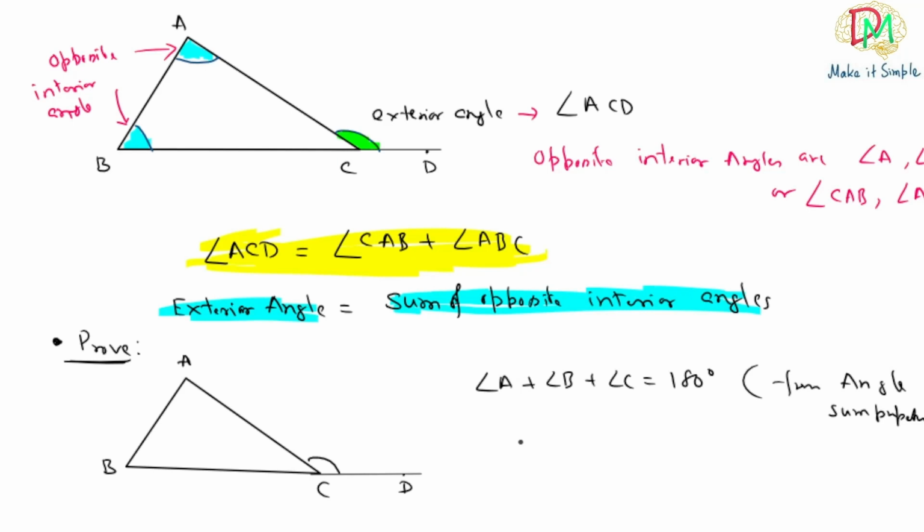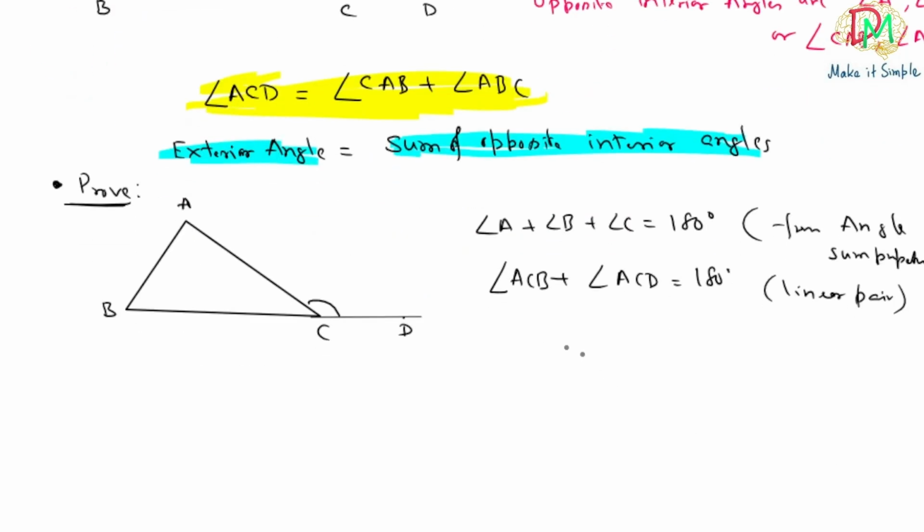So we can write angle ACB plus angle ACD is equal to 180 degrees, the linear pair. From here we can write angle ACD is equal to 180 degrees minus angle ACB.